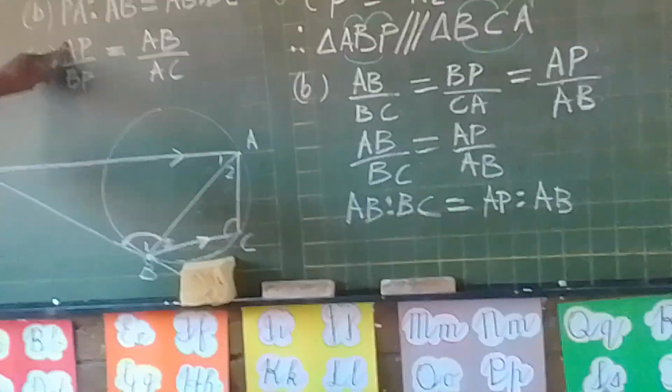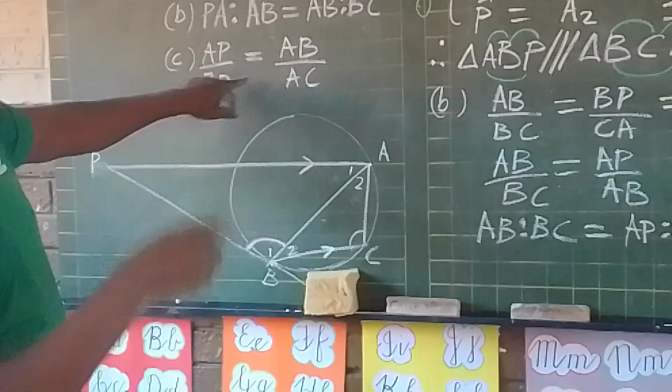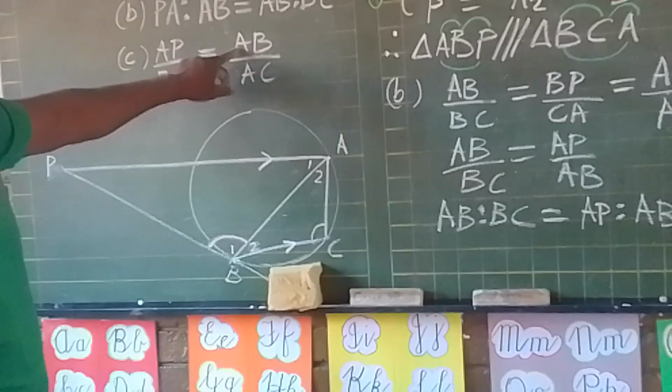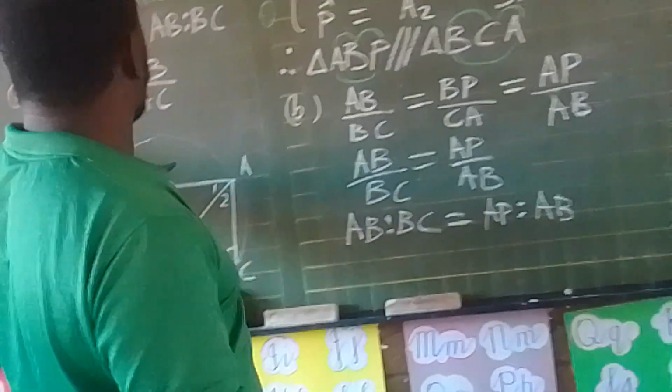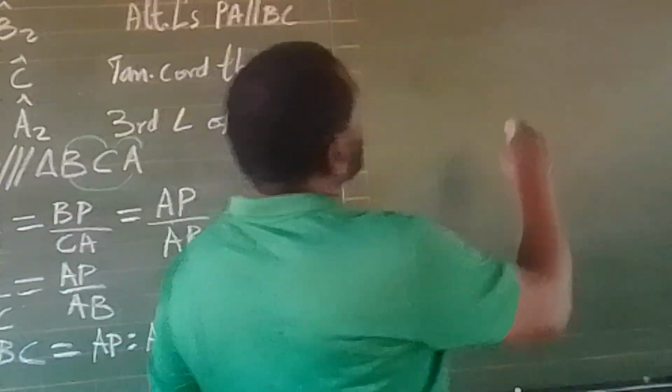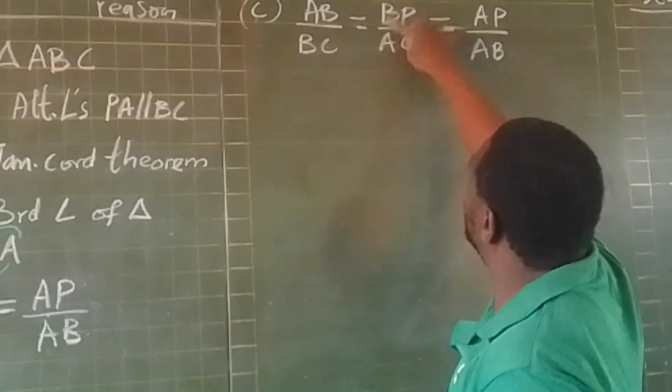You have AP over BP and AB over AC. Where is AP over PB? Here is AP over PB. AC over PB here.